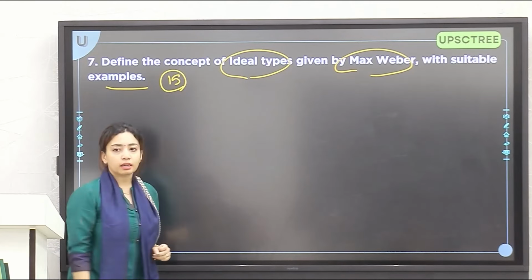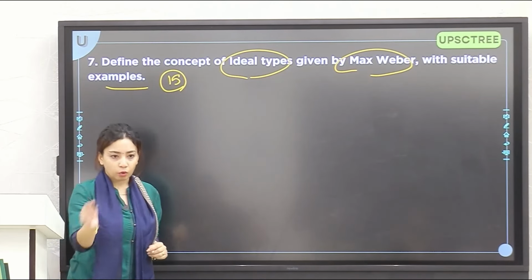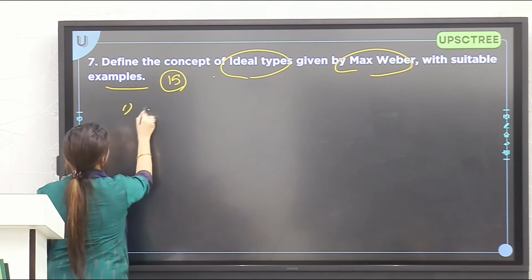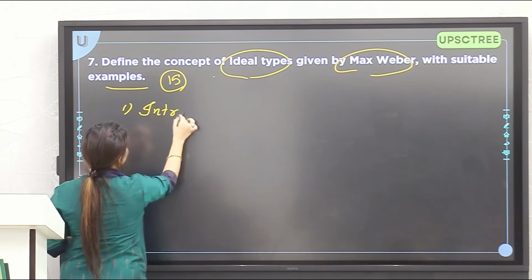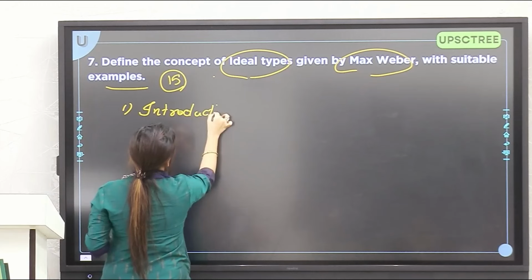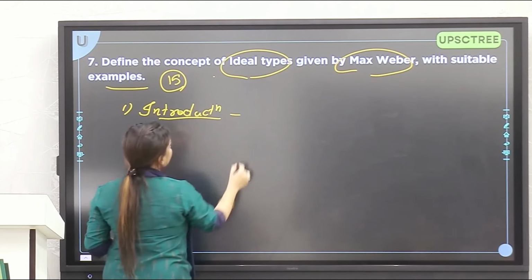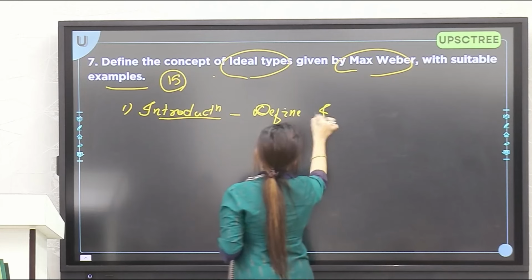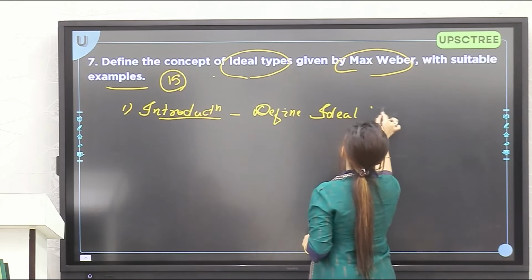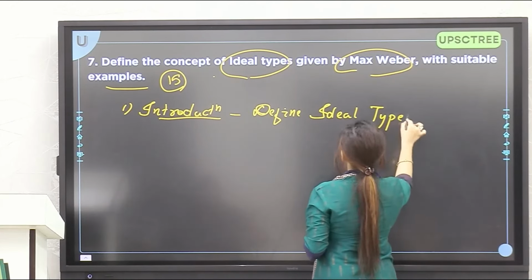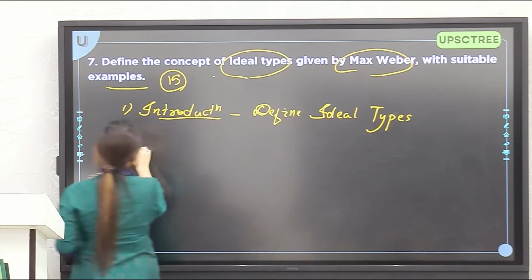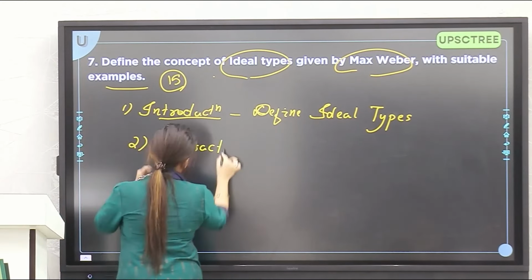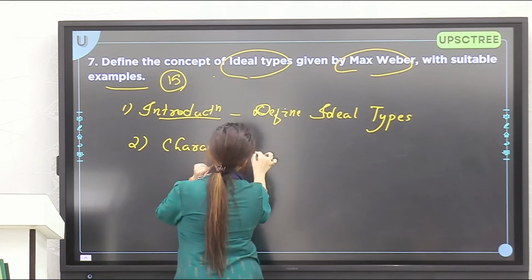So, what is ideal type? Open your notes and tell me. So, firstly, you will give the introduction. So, you will clearly define ideal types. What are the key characteristics of ideal types? Next point is characteristics of ideal types.